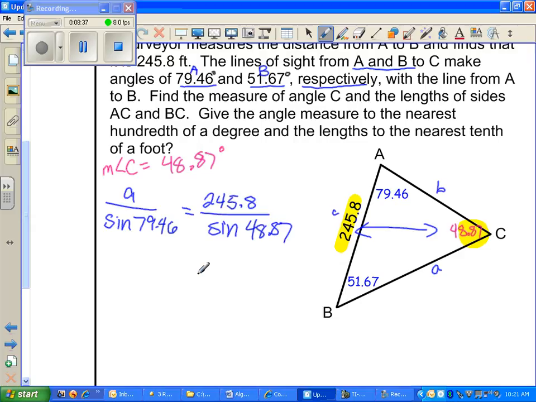And then cross multiply, so A sine, that's an A, not a 9, 48.87 equals 245.8 times sine 79.46, and then divide by sine 48.87.